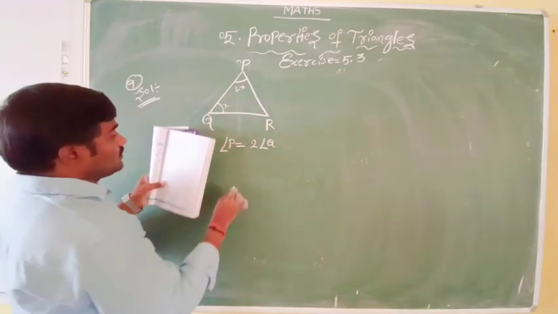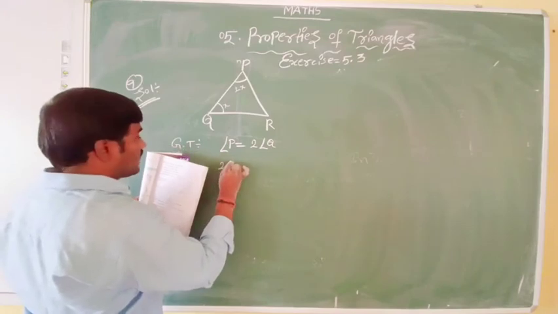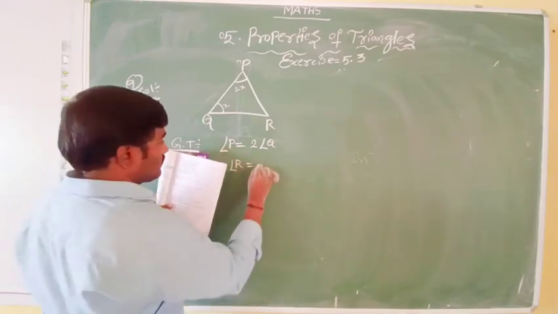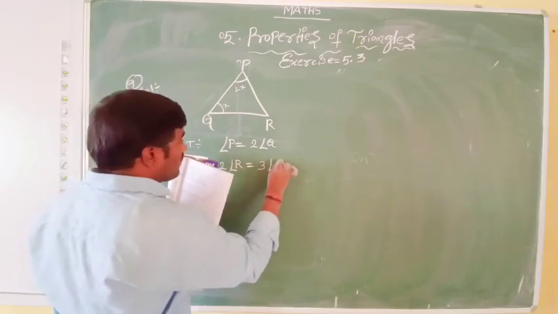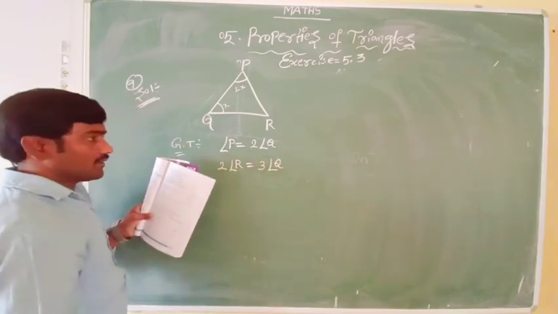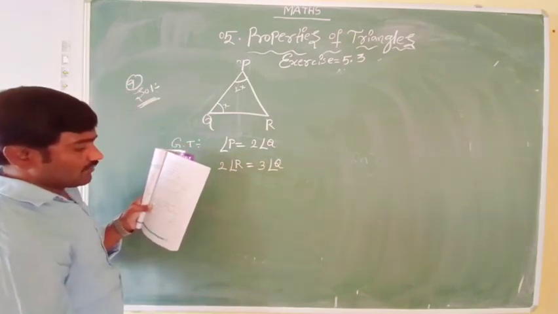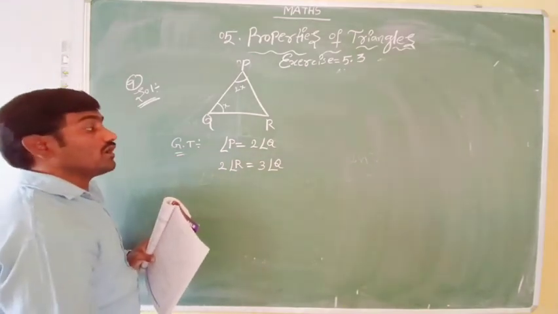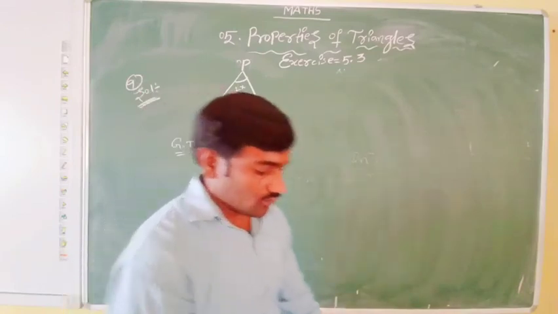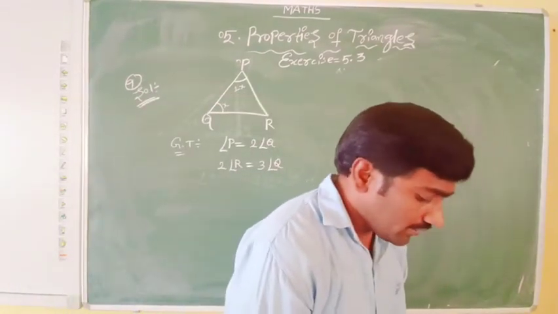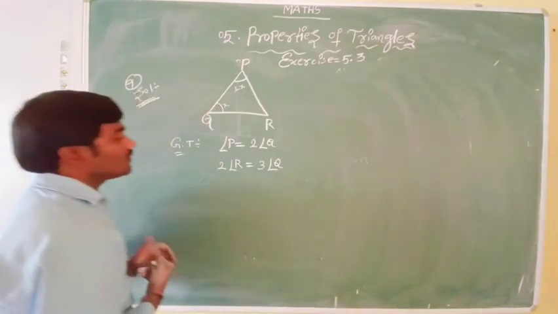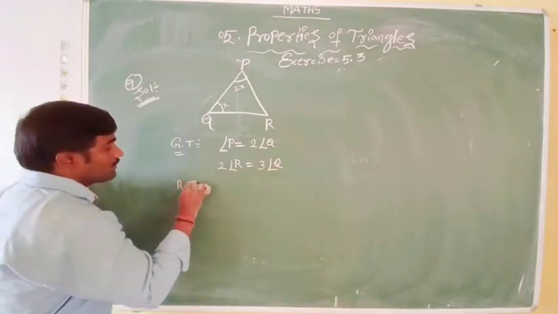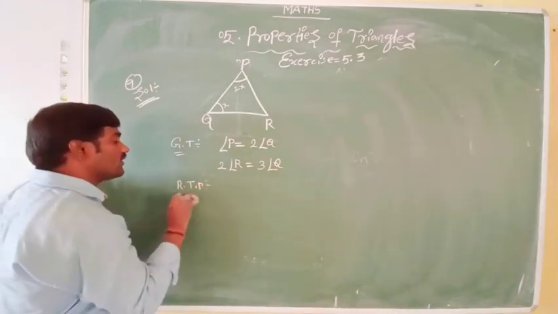Then 2 times of angle R is equal to 3 times of angle Q. Calculate the angles of triangle PQR. So we need to find out the angles in the triangle PQR. First we are required to find, what do we need to find out?